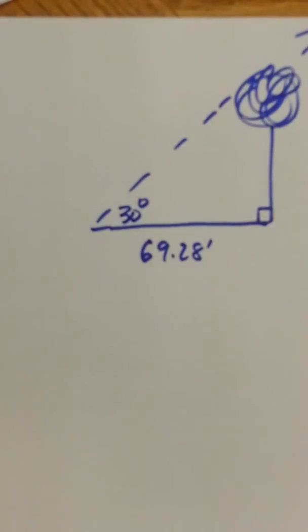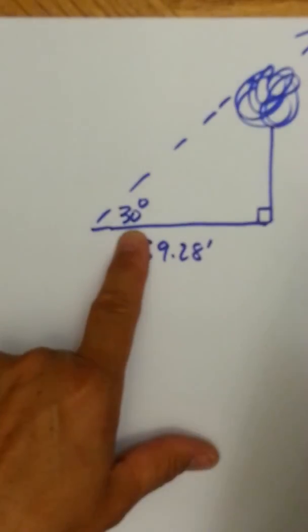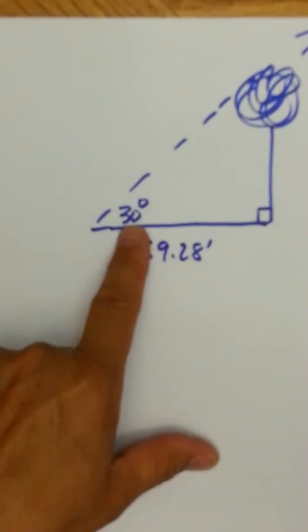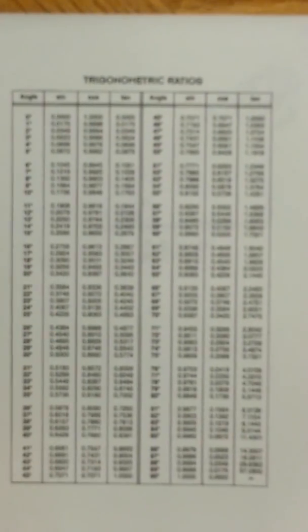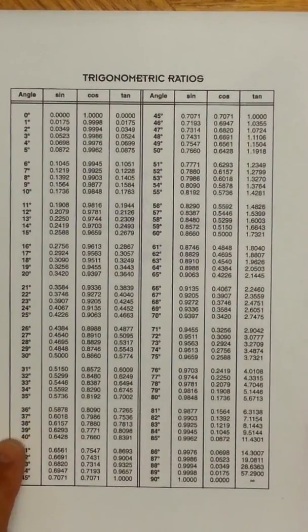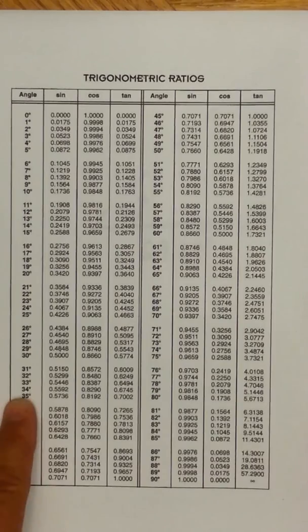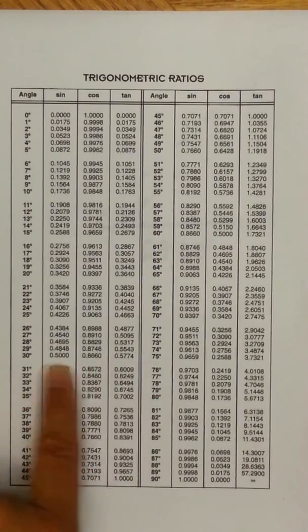Now I say to myself, well, wait a second, I did all that abstract thinking, and what I know is all right triangles that have a 30 degree angle are going to follow these ratios. So I'm going to have these ratios available to me.